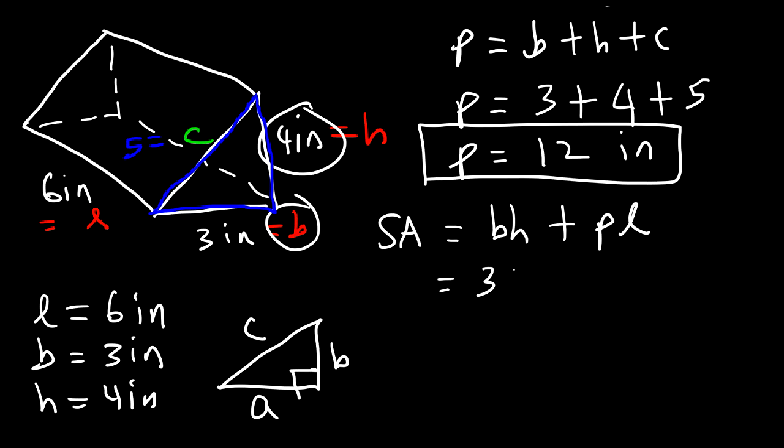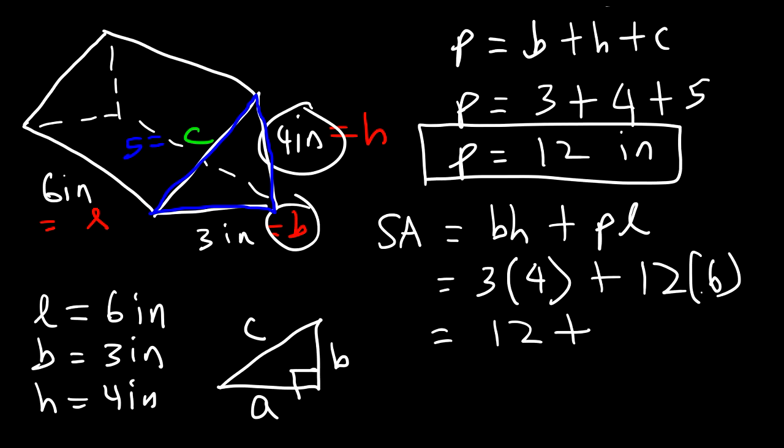So B is 3, the height is 4, and the perimeter, we said it's 12, and the length is 6. 3 times 4 is 12. 12 times 6 is 72, and 12 plus 72 is 84. So the surface area is going to be 84 square inches.